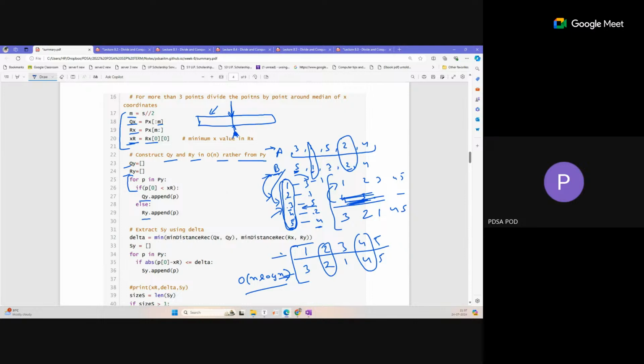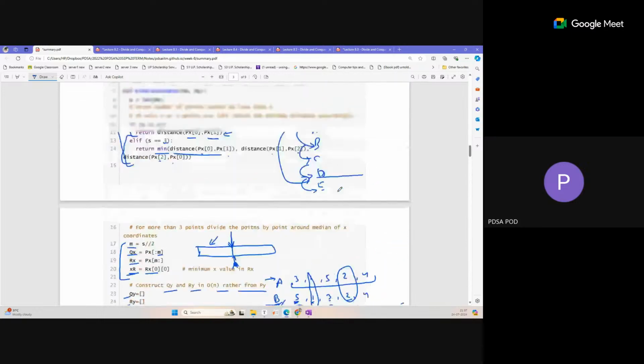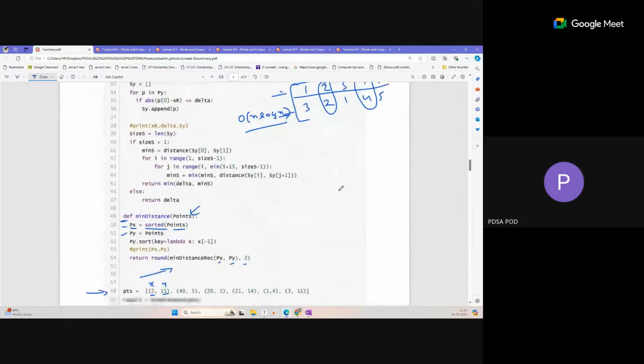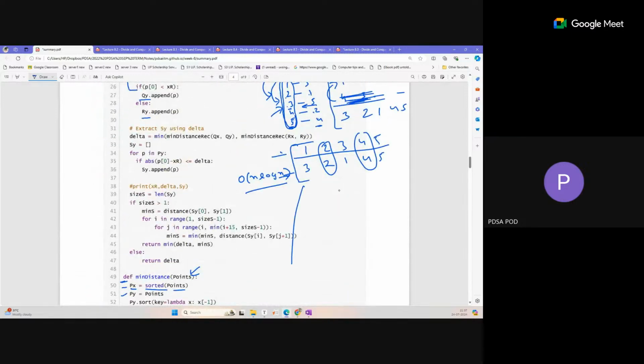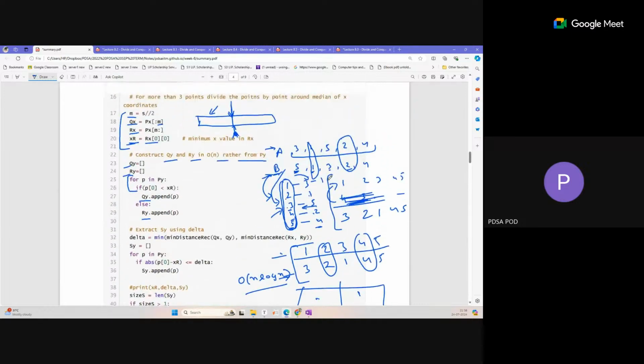So first we divided like this, and we are also dividing in this direction. That was divided based on the x coordinate, but now we are dividing by the y coordinate also. So construct Qy and Ry from Py.